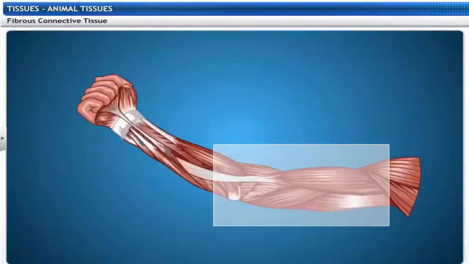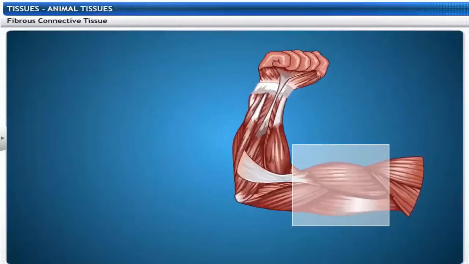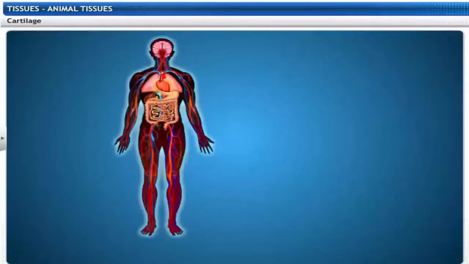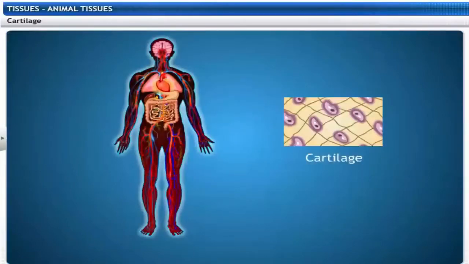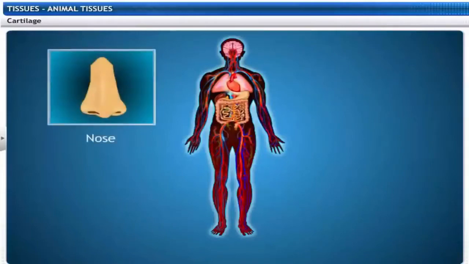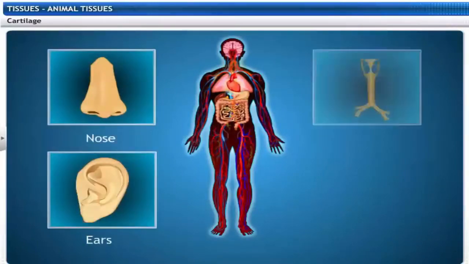Now take a look at these irregularly shaped cells. They are areolar connective tissues that fill the space inside the organs and support them. Such tissues are found between the skin and muscles and around the blood vessels and nerves.